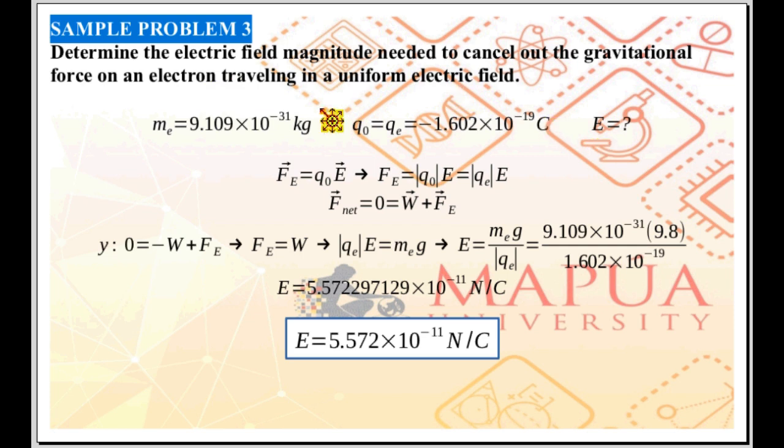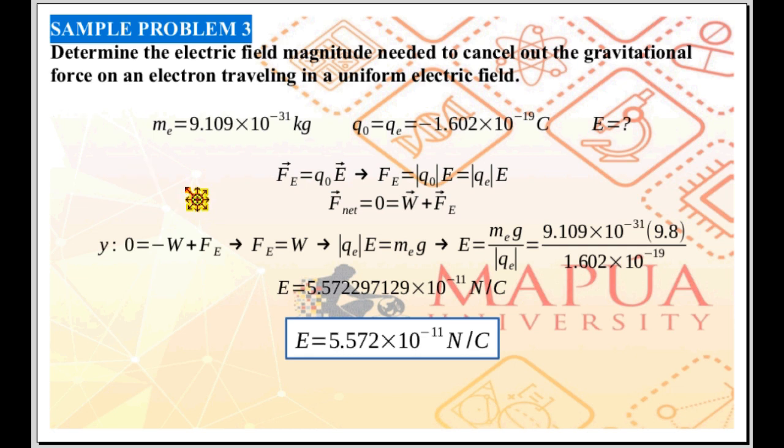Now, the problem tells us that the uniform electric field will apply a force on the electron, and this force should be enough to cancel out the gravitational force or the weight of the electron.